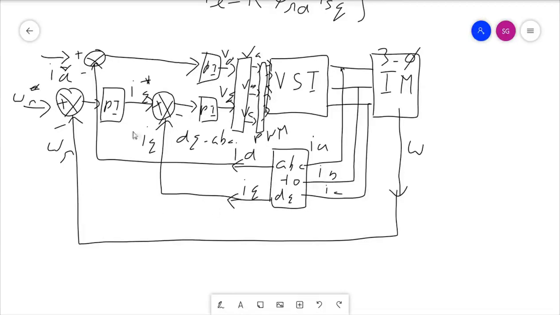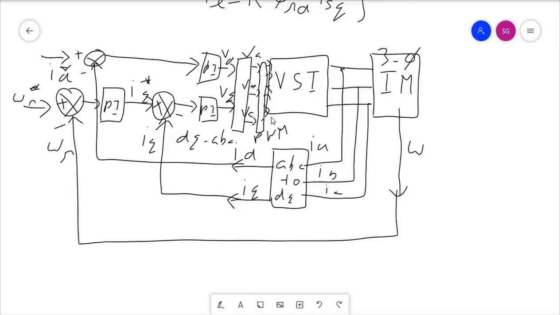Okay, so this is the vector control method. You can see there are many PI controllers. There are three PI controllers: one is speed controller, two current controllers, then this PWM signal generator is also there.